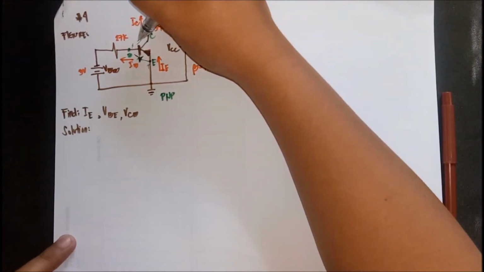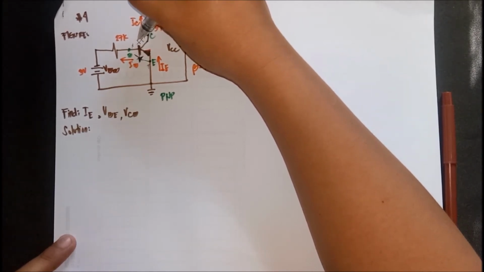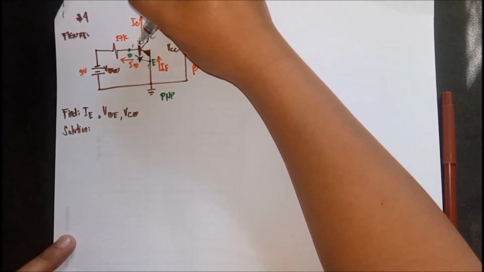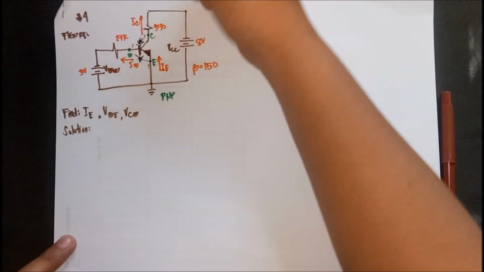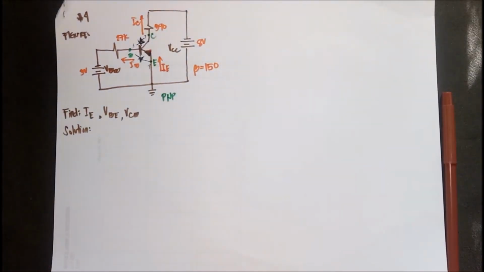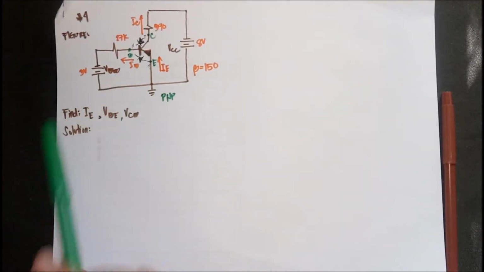Okay, andito yung negative. Yan. Ayun. Okay, so tingnan muna natin kung talaga bang na-reverse bias, na-forward bias nitong isa, itong ating diode.